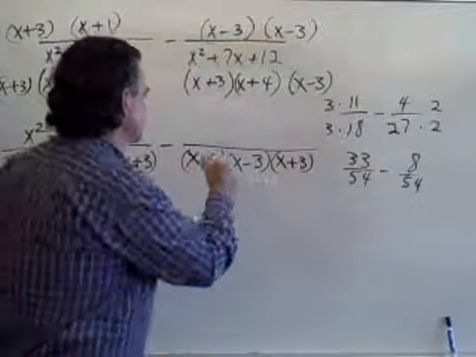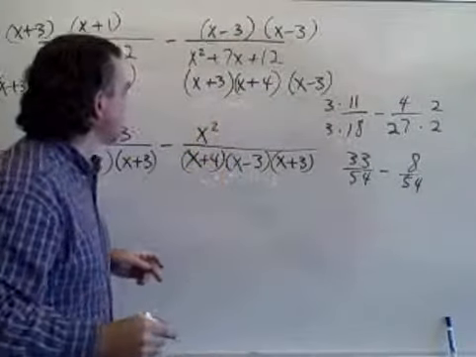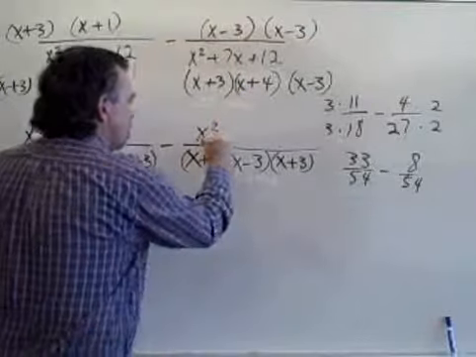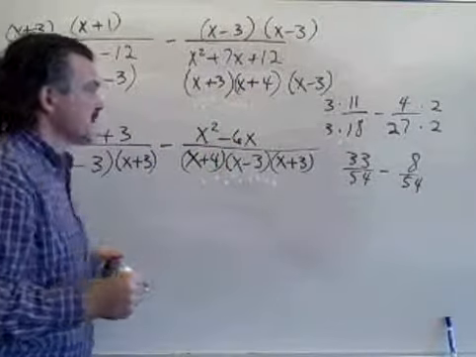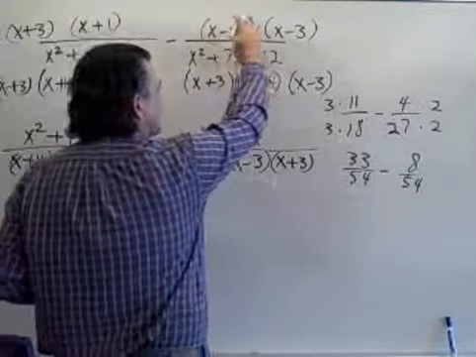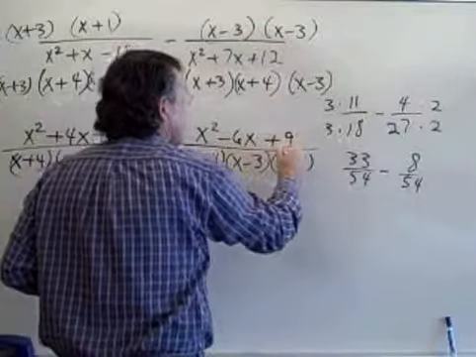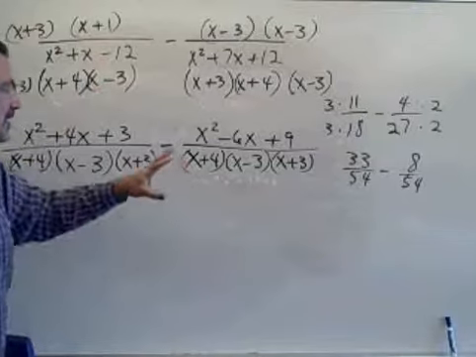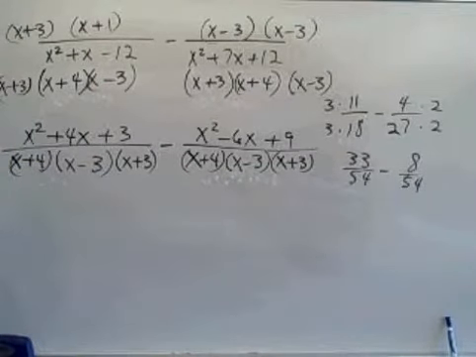X times x is x squared. Minus 3x minus 3x more. That's minus 6x for the O and the I of FOIL. Minus 3 times minus 3 is plus 9. And we've taken the product of those binomials that were in the numerators using our FOIL method.